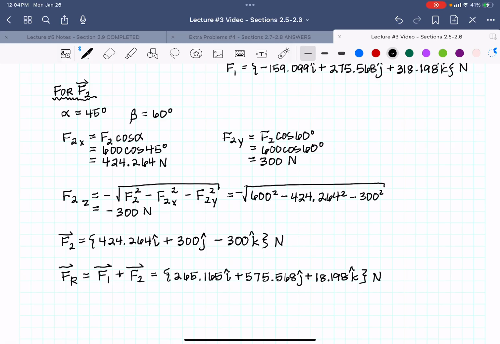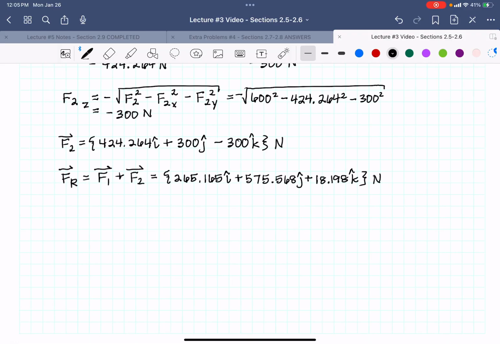Now to get the magnitude, F of R, we're going to use the Pythagorean theorem. The resultant force is the square root of each component squared: 265.165 squared plus 575.568 squared plus 18.198 squared.